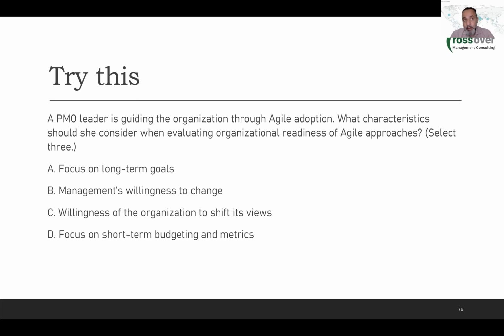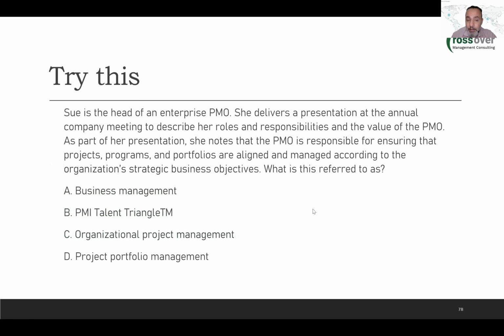Does agile require looking at long-term goals? No, agile does not focus on long-term goals. Actually, agile focuses on short iterative goals, right? Yes, correct. So these are the 3 correct answers.